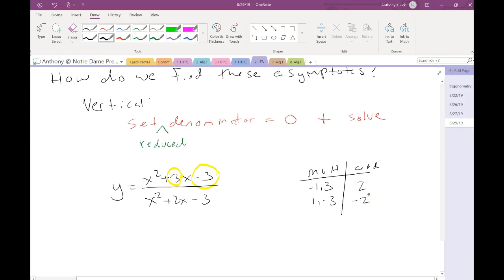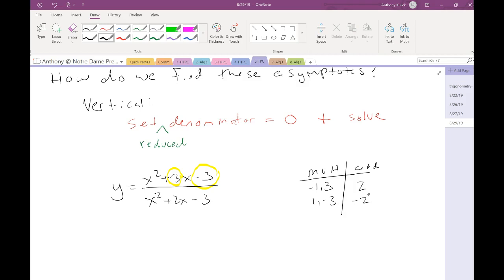You get 2. Negative 1 plus 3 is 2. And then you get negative 2. 1 plus negative 3 is negative 2. Do either of those work in this situation? No. So what do we say about the numerator? It's not factorable. So we don't have to do anything there.